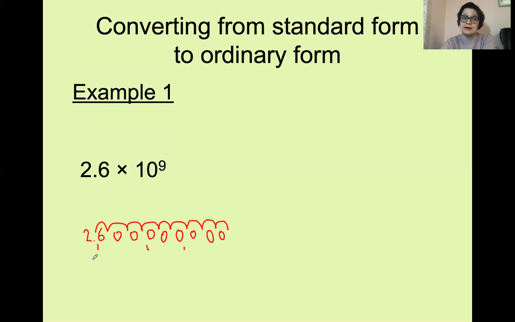Another method that I want to teach you is that, if you find hard counting after the decimal point, you can go for creating the whole number first. So from 2.6 times 10 to the power of 9, we can change this to 26 times 10 to the power of 8, all right, if this is a lot easier for you to remember.